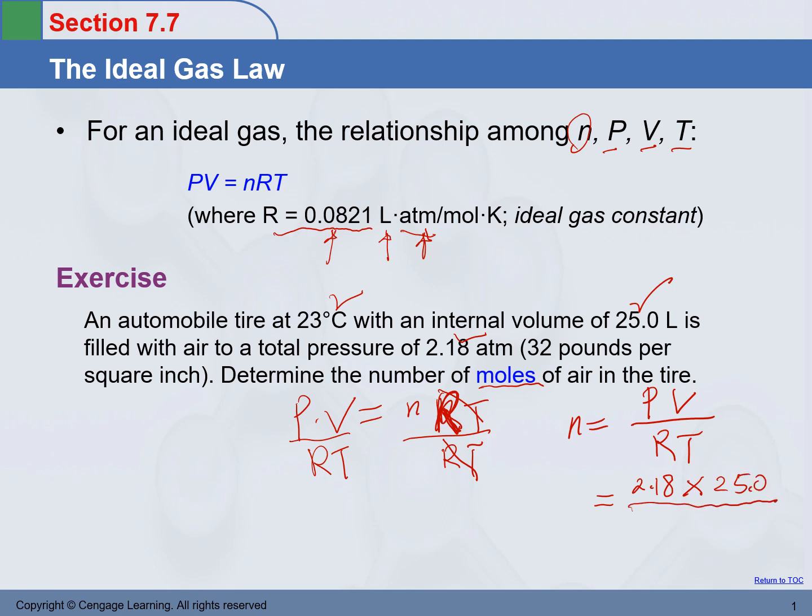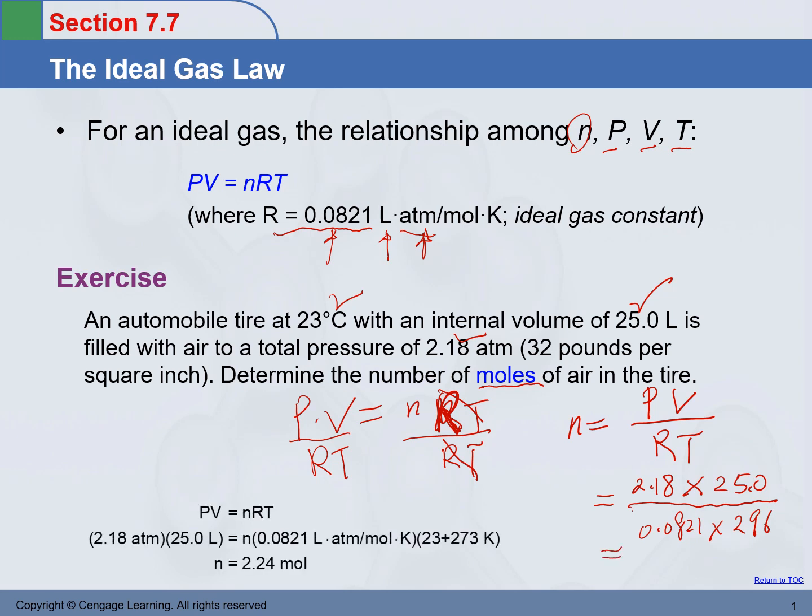R, if P is in atm and V is in liters, R is 0.0821. Temperature should be in Kelvin, so 23 plus 273, that's 296 Kelvin. All right, you do the calculation, 3 sig figs. The final answer is 2.24 mole gas.